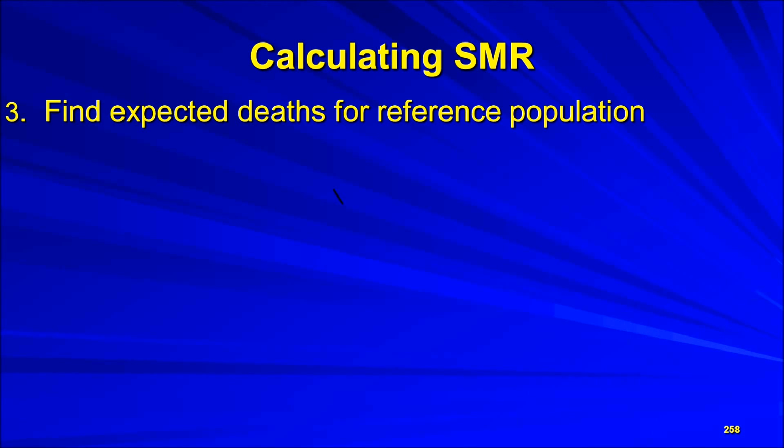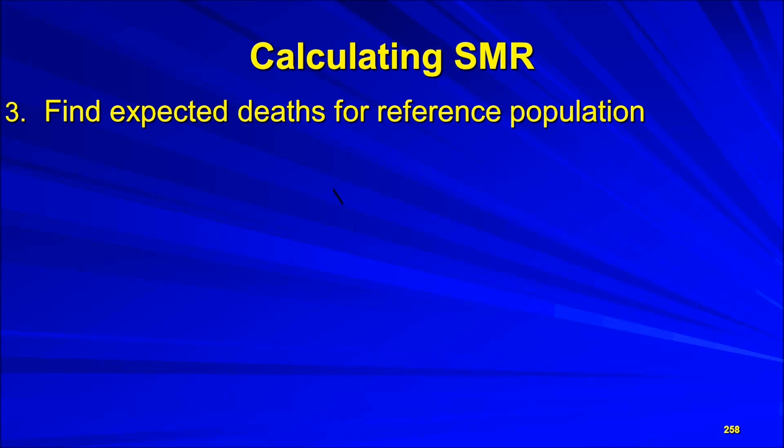Now we have to do some additional math. We have to find the expected death rates for the reference population or the subpopulation of interest, and this is how we do it. And then we will calculate the direct SMR. Now, the K always, in this particular instance, is 100,000.